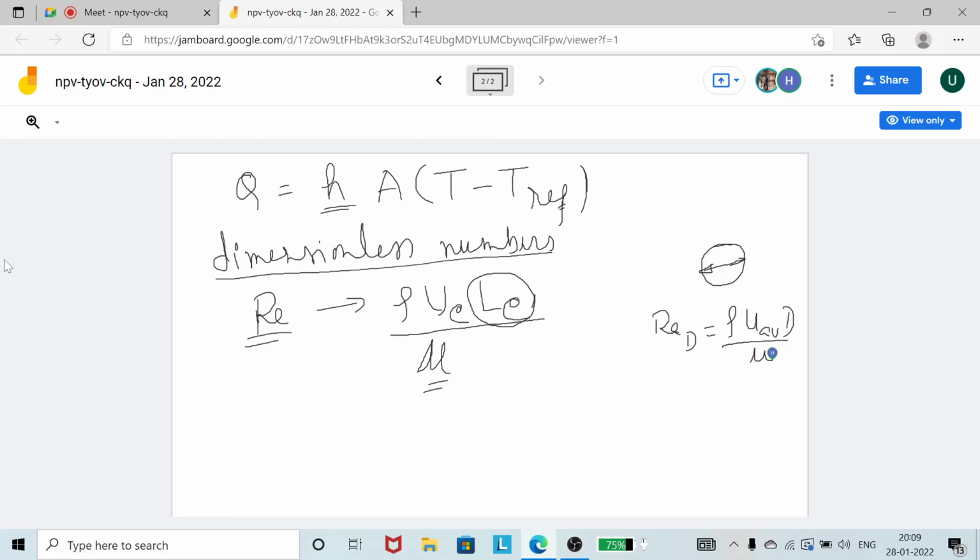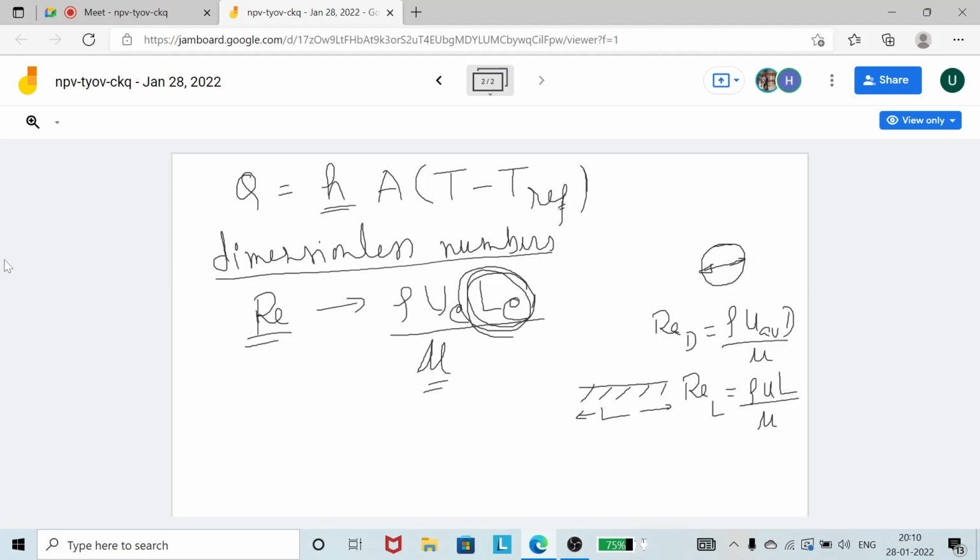Suppose we are talking of a plate. The plate has a length of L. So I can say the Reynolds number based on length is rho U L by mu. This characteristic length is defined by you, but you must maintain uniformity.